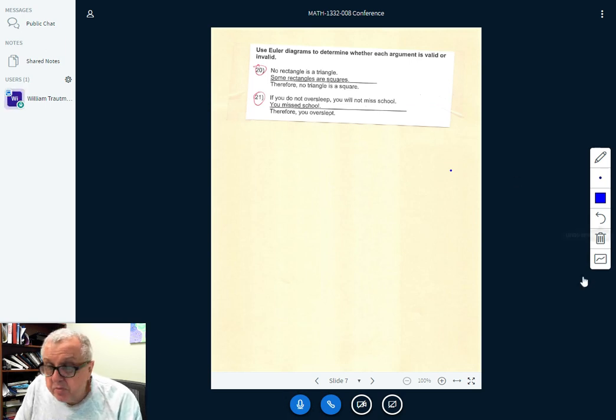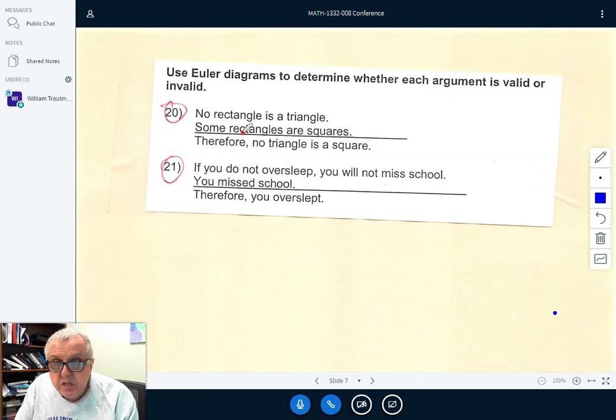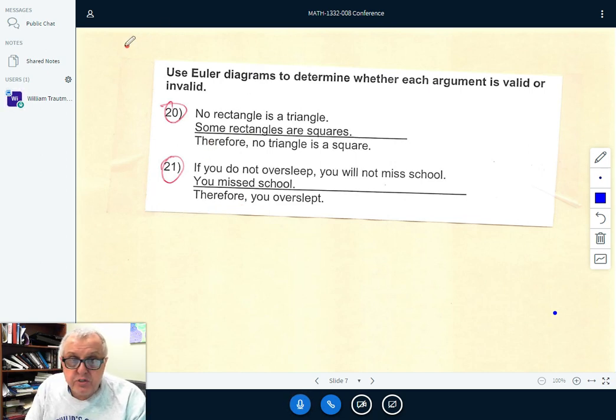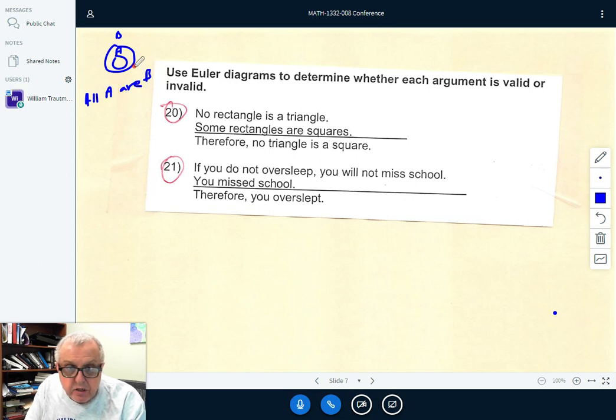So let's try problem 20. And remember, in Eulers, there are 4 pictures that we could draw. This one is B, and then this one is A, and this is all A are in B, right? All of A is in B. Then there's another picture. No A is in B, are B's.